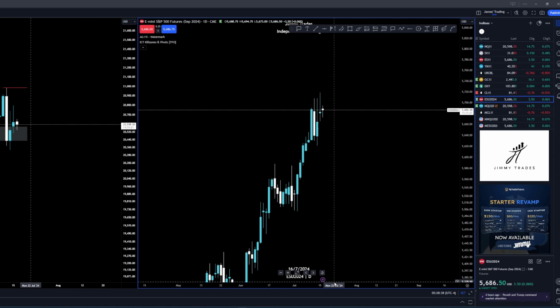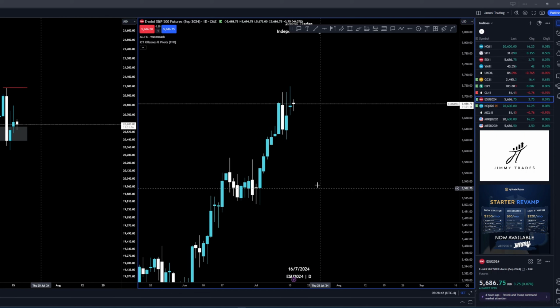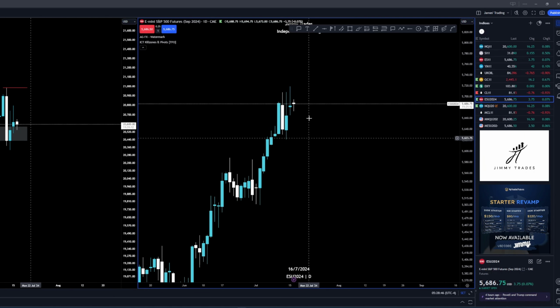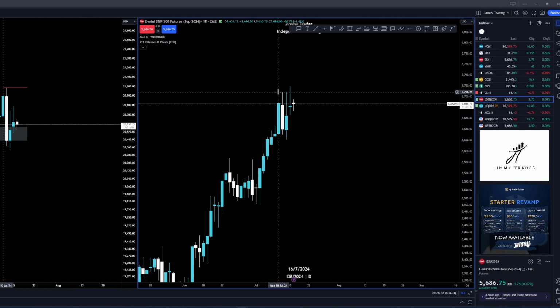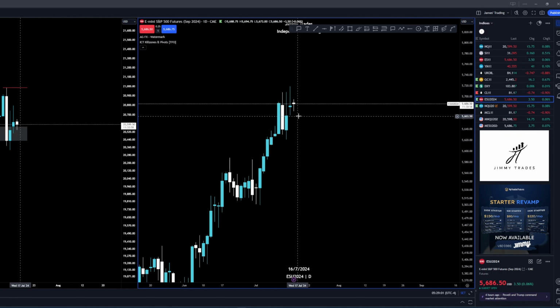So with that in mind, I'd be looking to see price move lower on ES because we have swept external liquidity, and then we want to look back to internal.